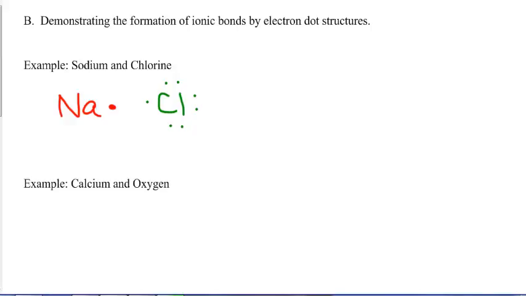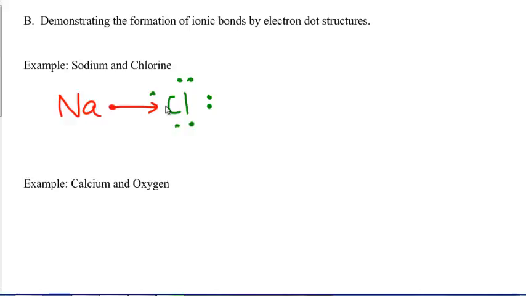So the same valence electron that sodium wants to lose, chlorine is willing to take. What's going to happen is a transfer of electrons. We show this by an arrow. So sodium gives its valence electron or transfers it to the chlorine ion. So you can see it goes in one direction from sodium to chlorine.